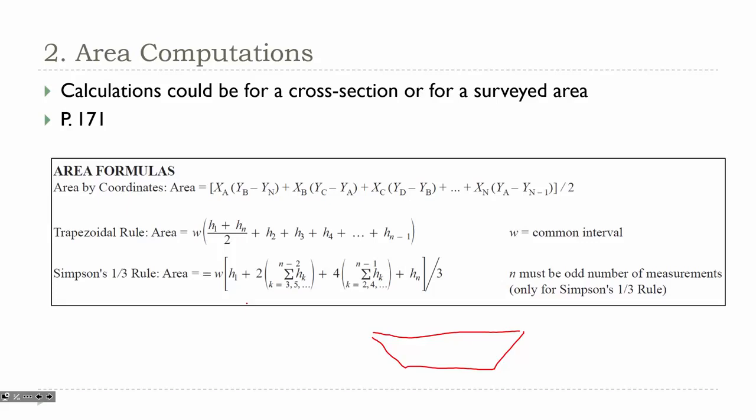The first one is the area by coordinates. Assuming they gave you something about the coordinate system, and you had x, y corresponding to these 4 points here, you could use the equation shown here to solve for the area. Then the trapezoidal rule: if you have a shape that is a trapezoid, you have your heights, and then the W, the width. You should remember this, or at least should have looked it up.